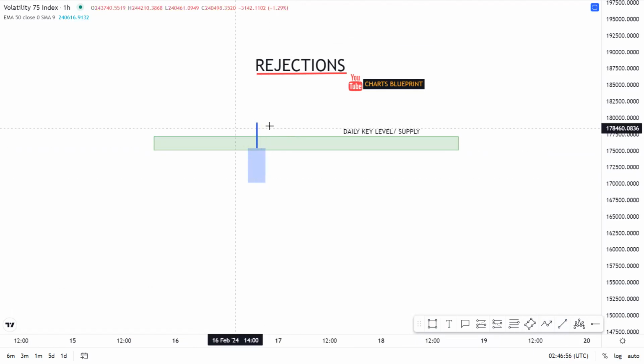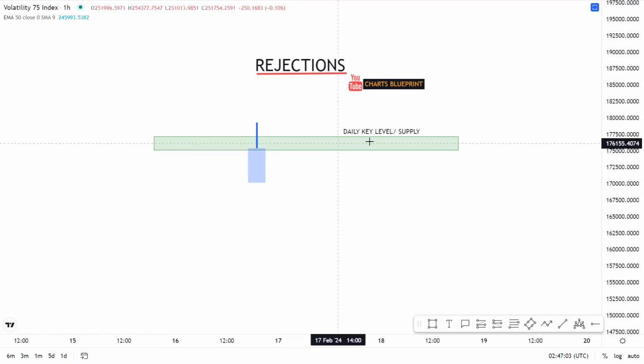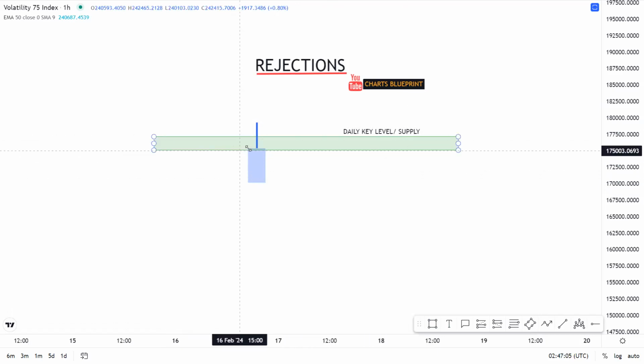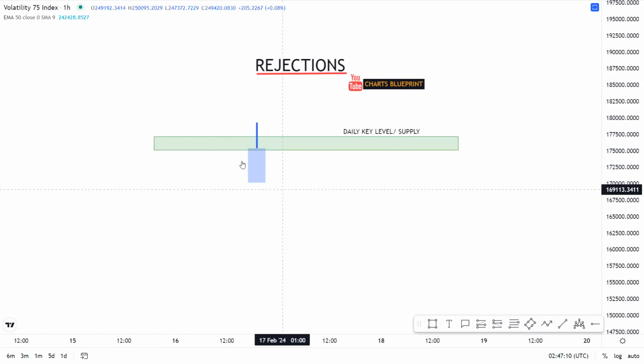Having seen the daily candlestick close as a rejection from the daily supply level, this indicates that the market is likely going to head to the downside from the level. So we have ourselves a potential trade opportunity for sale.